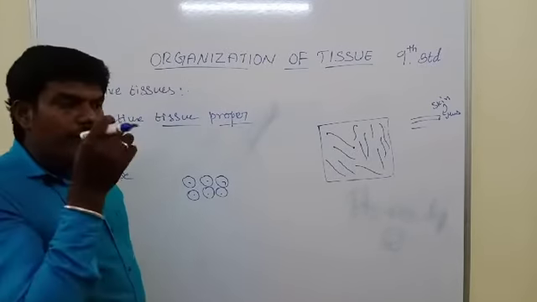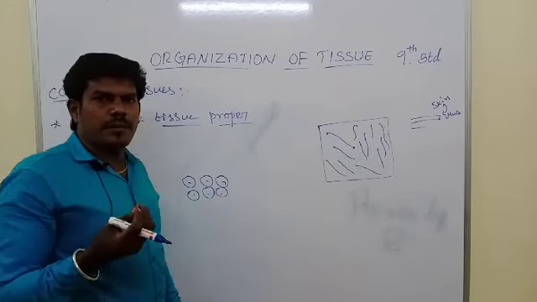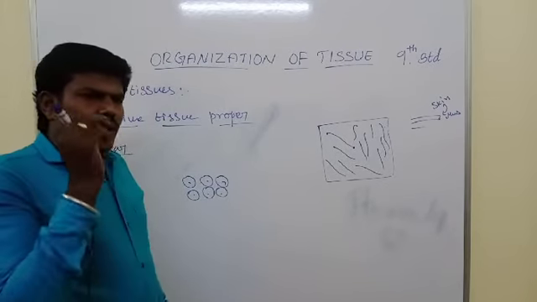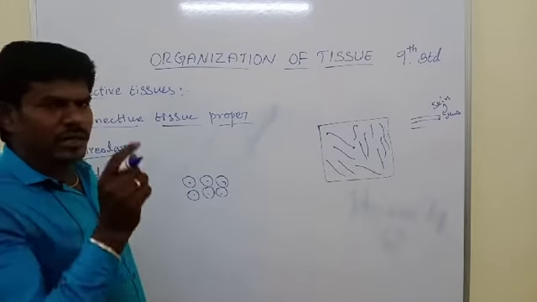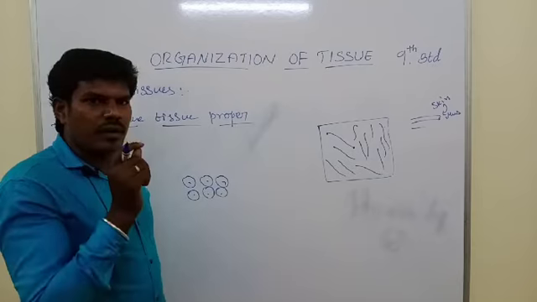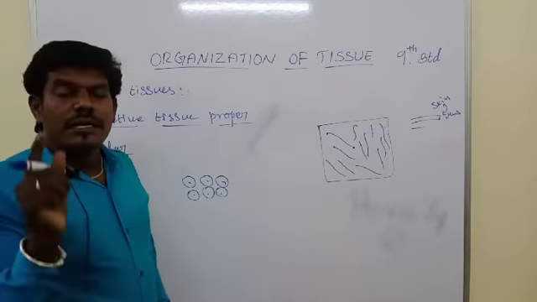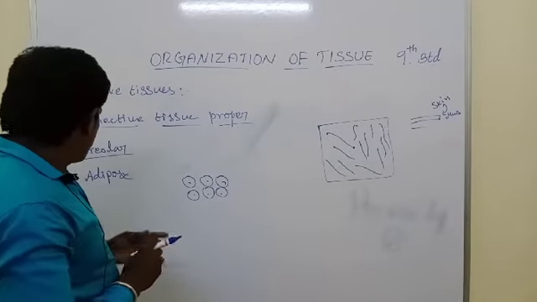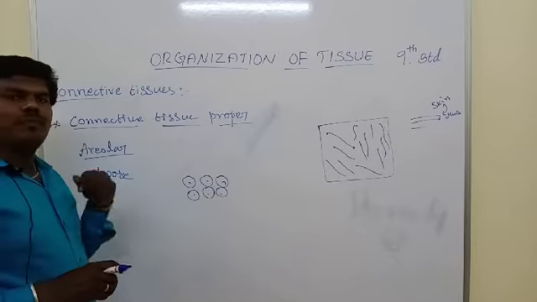A good example: after you eat meat, if you press the corner of your nose, a white substance comes out. That is the fat, and the place where fat is deposited is adipose tissue.